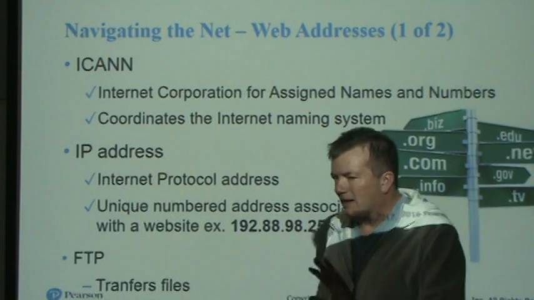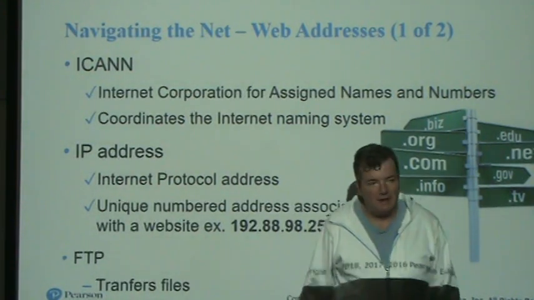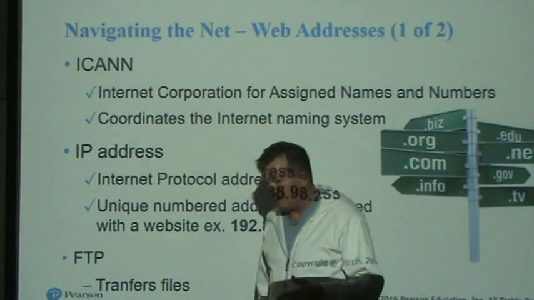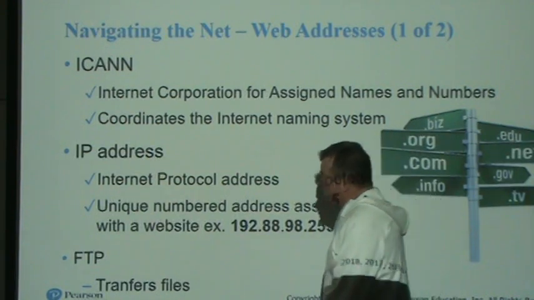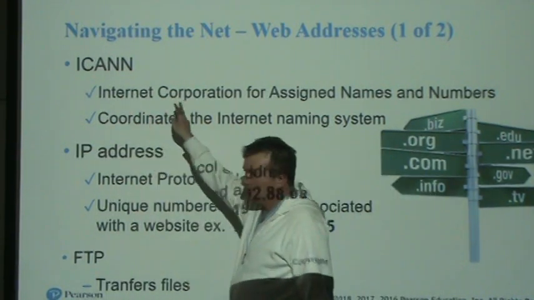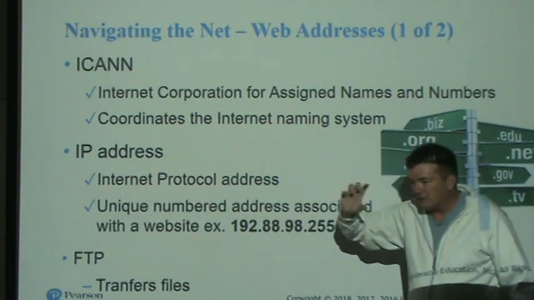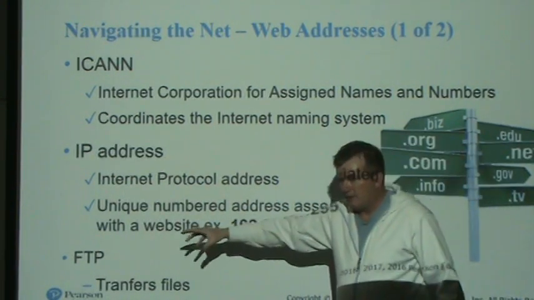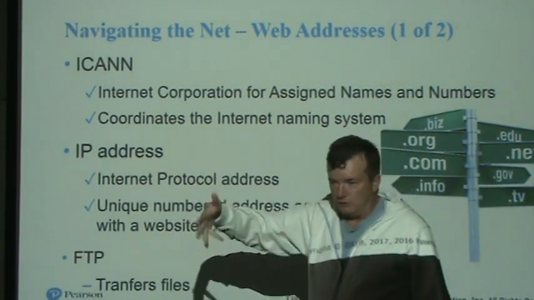If you have a common name, chances are your name is taken. If you don't have a common name, it may not be taken. So you could go to ICANN and say, can I register this domain name? And if nobody else has it in the world, you can have it.